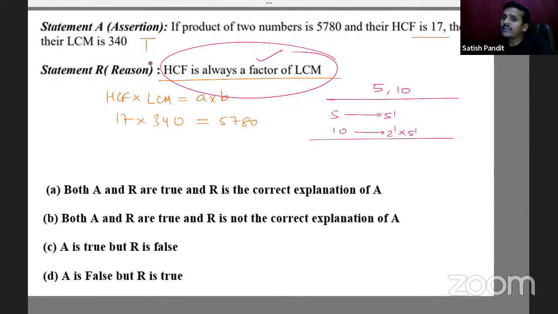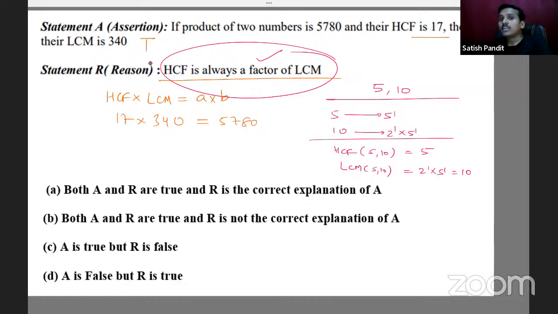So what is the HCF? HCF of 5 comma 10 will be 5. And what is the LCM of 5 comma 10? 10, because you don't have to take common, put the highest power of each of them. 2 to the power 1, 5 to the power 1. So it will become 10.